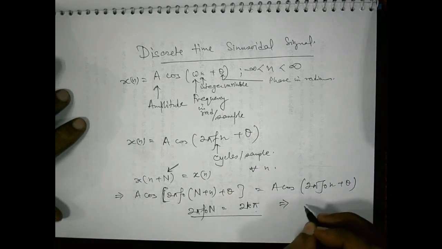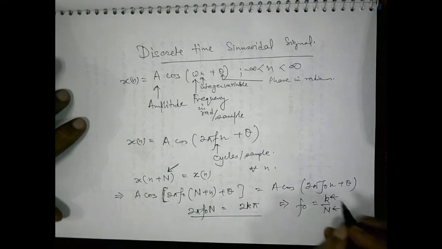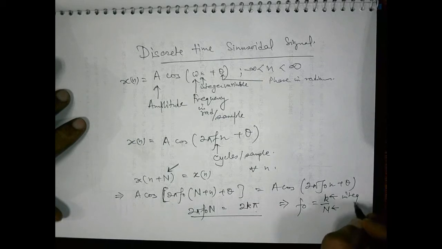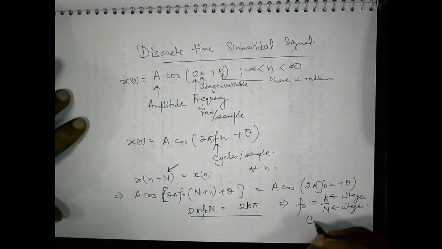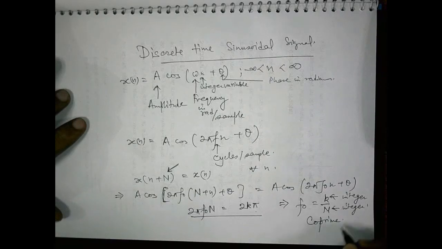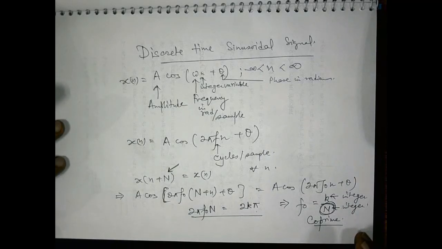That f0 equals k by n, where k is an integer and n is also an integer. So this is a division of integer by integer, and this division is done until we get these two numbers in the form of co-prime numbers. When they become co-prime numbers, we say that this n is the fundamental period of the discrete time signal.